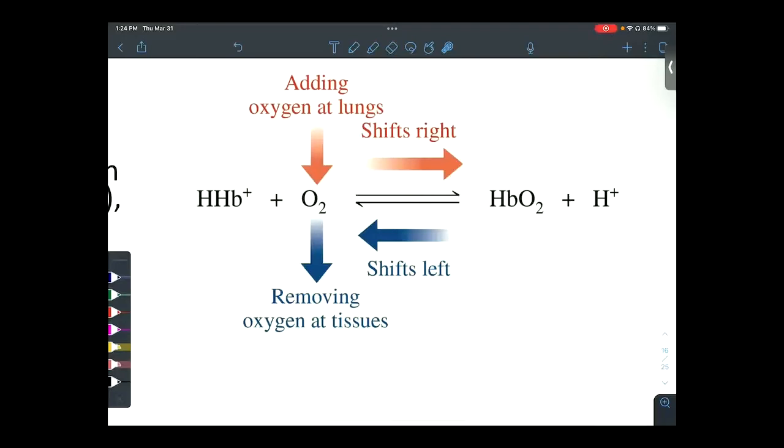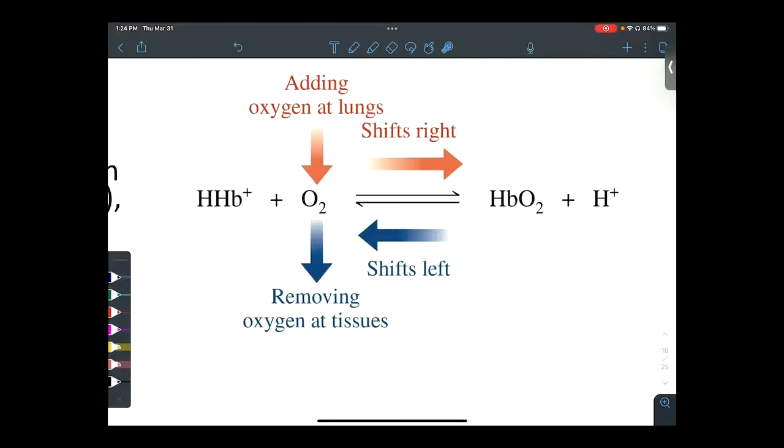Right, so this form of hemoglobin, H, where hydrogen plus is attached to it instead of oxygen, is what we call the deoxygenated form of hemoglobin. It doesn't have an oxygen on it. But then the other one on this side of the reaction, HbO2, stands for hemoglobin with an O2 attached to it.